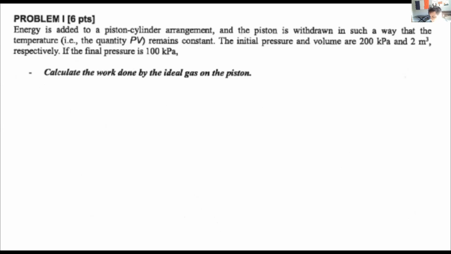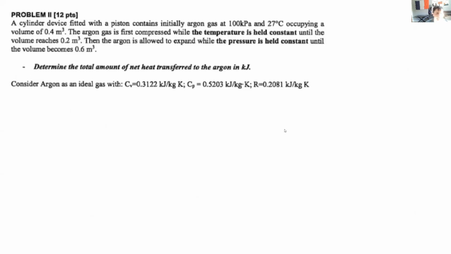All right, next one. A cylinder device fitted with a piston contains initially argon gas at 100 kilopascal and 27 Celsius, occupying a volume of 0.4 meters cubed. The argon gas is first compressed while the temperature is held constant. So just like last time, isothermal, and the volume changes to 0.2 meters cubed.